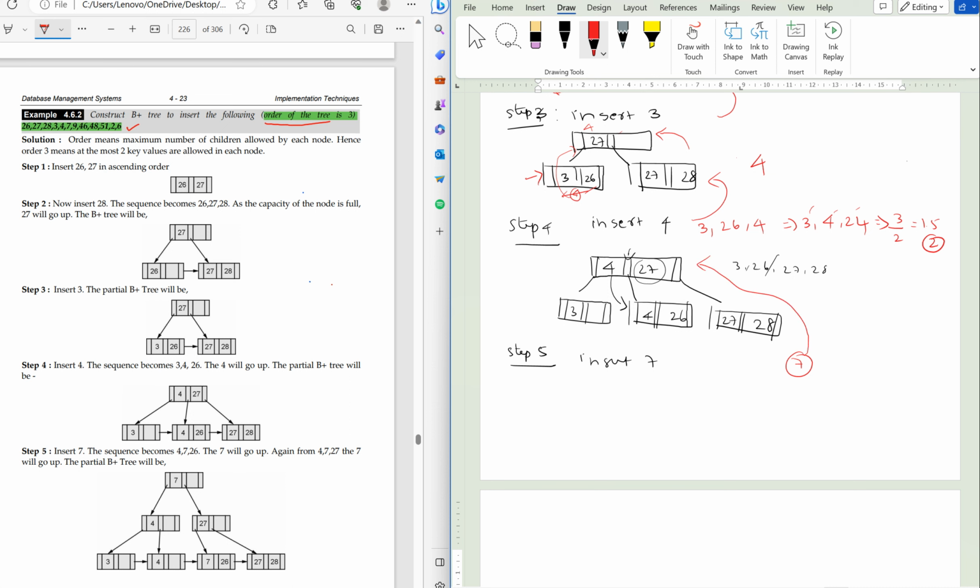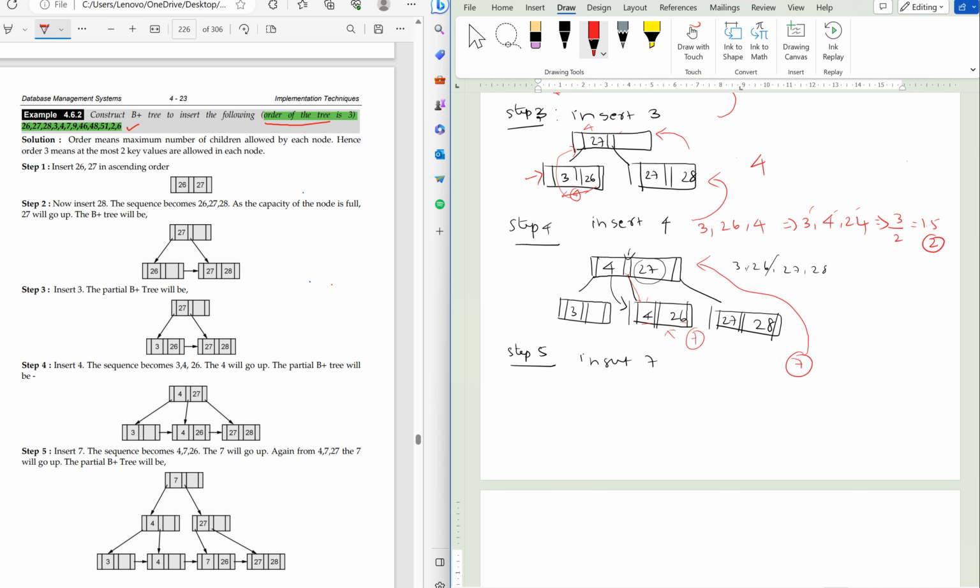First we are comparing it with 4, it's greater than 4, so it should come here, and it's also lesser than 27. So in this position only we can insert 7, but it is not possible because already 2 elements are there.